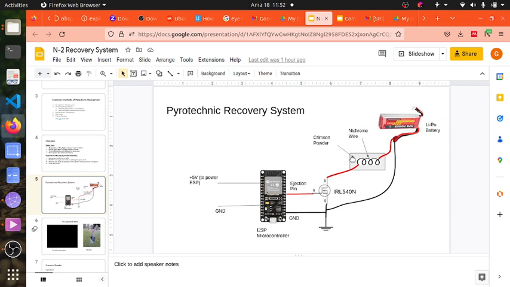The color here, I think it's blue, is crimson powder. It's just an illustration. Crimson powder is a special pyrotechnic substance, and we will look at how to prepare it. It gets easily ignited by a very small amount of heat.